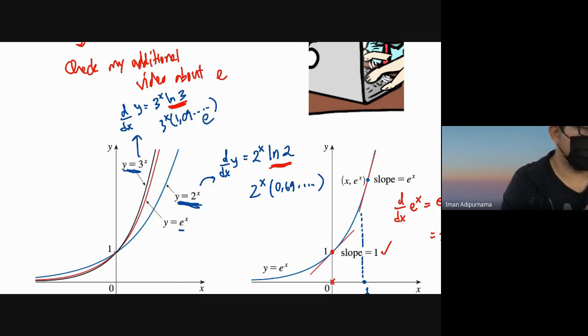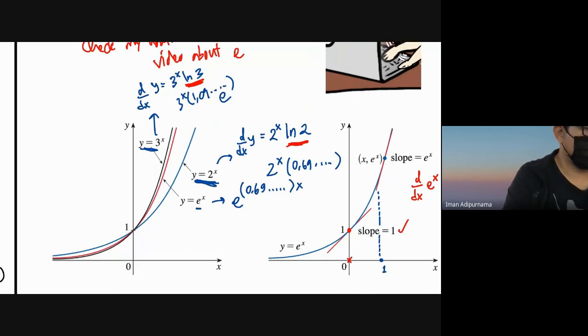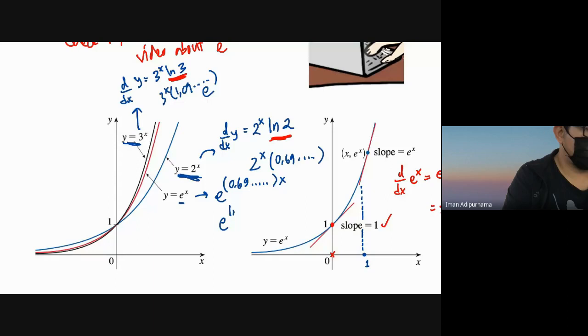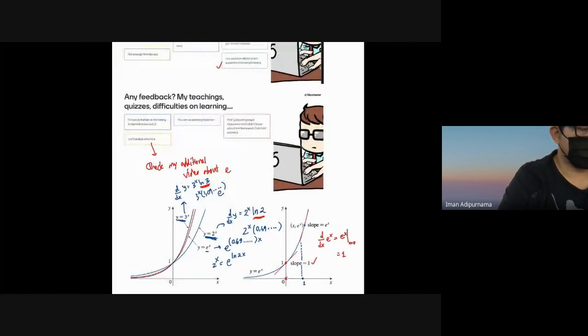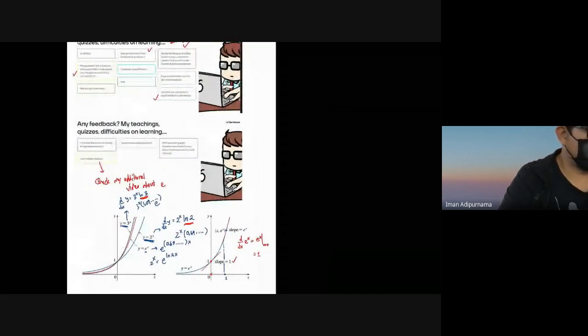Oh, that is actually ln of 2, which is 0.69, and so on. So everything in exponential, you can rewrite all of them in terms of e. And that is, I think, one of the most important functions in calculus. Okay, that's a little bit about e. You can check the additional video.